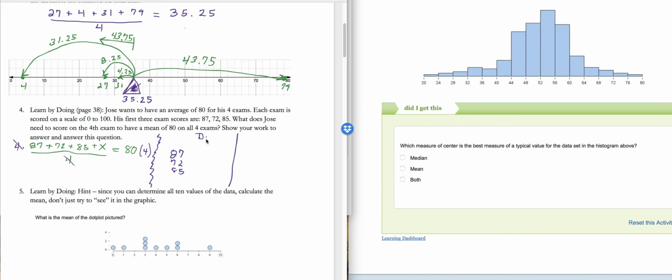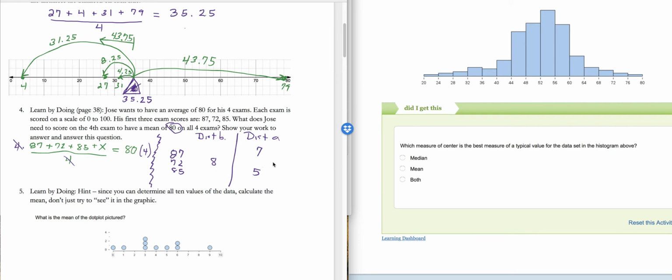So we'll think about the distance below this mean of 80, and then our distance above that mean of 80. So 87 is 7 units above, 72 is 8 units below, 85 is 5 units above.